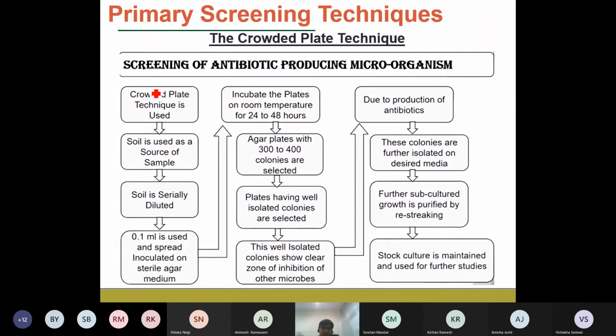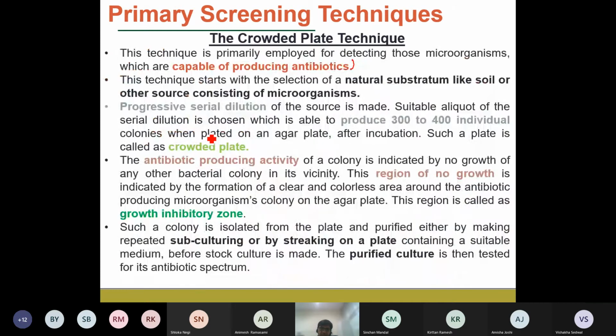You can see here a flow chart, which simplifies the steps that are followed when you carry out this crowded plate technique for the screening of antibiotic producing microorganisms.